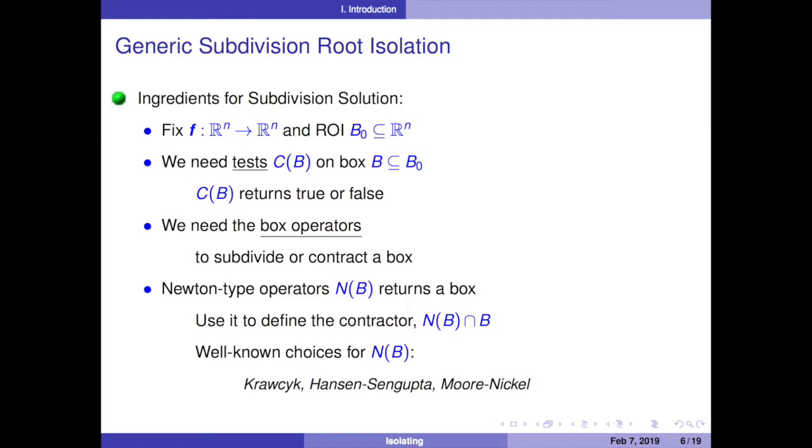All your functions, f, of course there are n components, each of them has a box function or interval form, meaning that given any box, it can compute an output interval that is guaranteed to contain all the values, a range function, and it will converge. When the width of the box goes to 0, it will converge to that value.